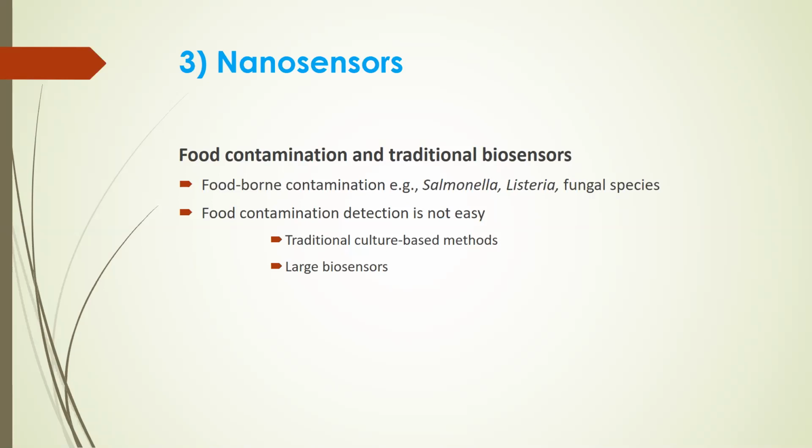This means that in order to avoid these biological food contaminations, we should be able to detect these biological food contaminants. For the detection of these contaminants, we mostly use sensors in large food processing industries.